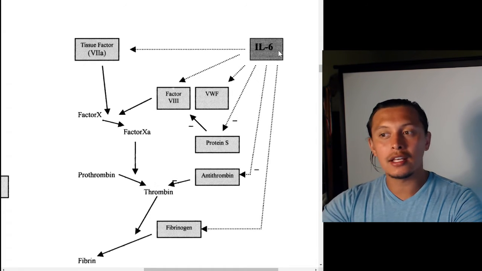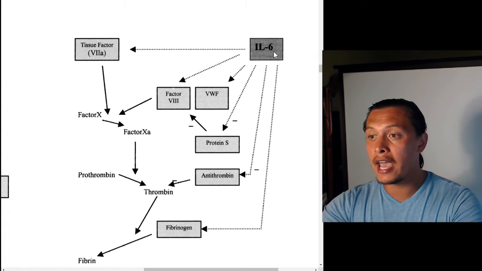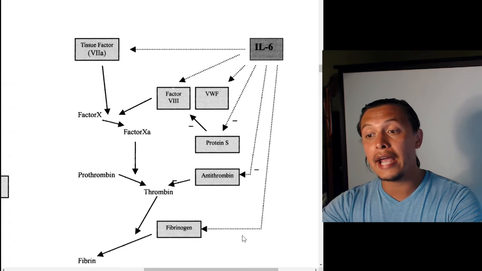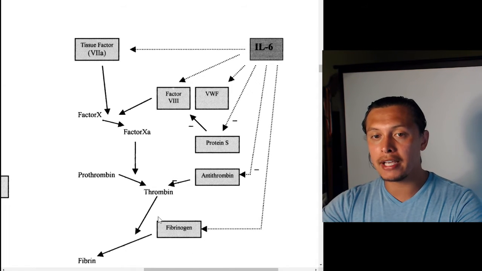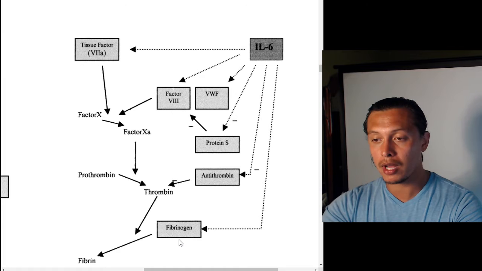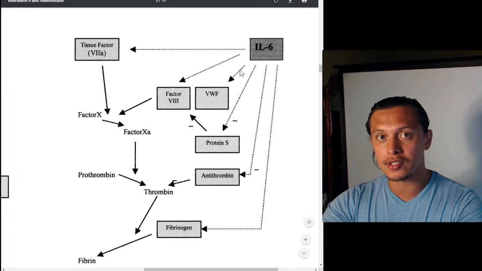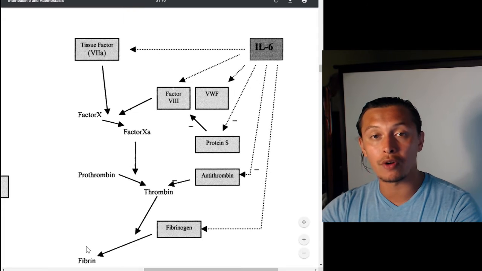And then the last thing that is described here is that interleukin 6 can cause the production of more fibrinogen, making more of the thing that generates the fibrin, right? Making more of that can cause more clots. So here we can see interleukin 6, this pro-inflammatory cytokine, can cause all these things that can cause the production of more fibrin.